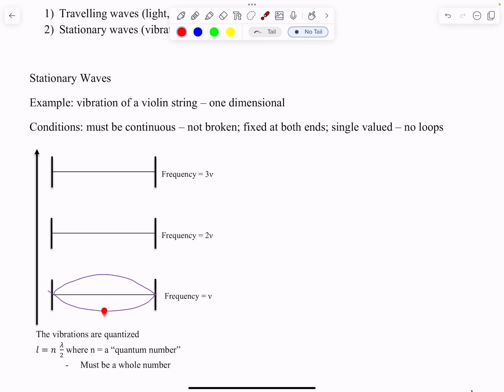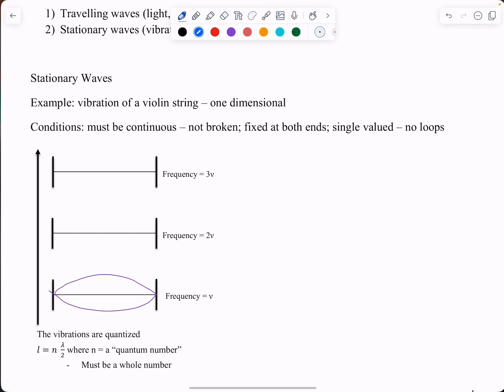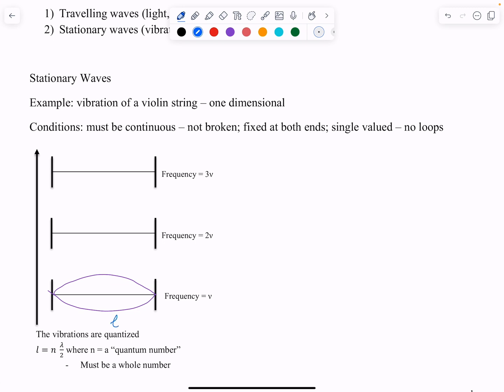It looks like it's vibrating back and forth, but the whole string goes up and then down. It has to vibrate where the whole length has to be wavelength over, it's n. Well, n is a quantum number, so n is like 1, half a wavelength here. So this is half a wavelength.